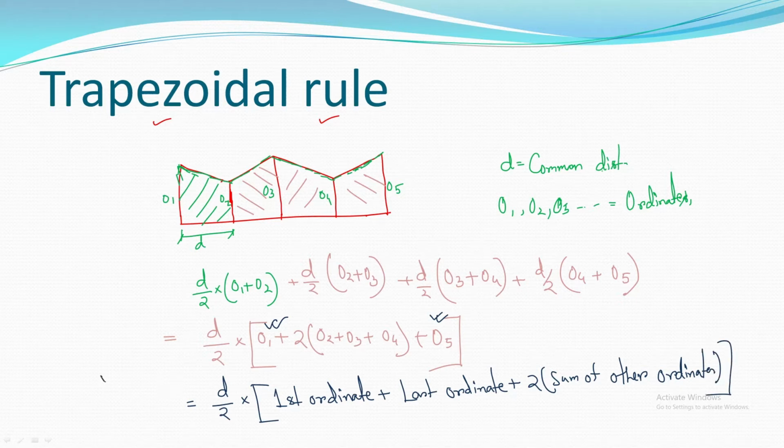So this is the rule, the trapezoidal rule. Okay. So we will see a problem and solve it using this particular rule. This is very simple and important also. So let's solve that.